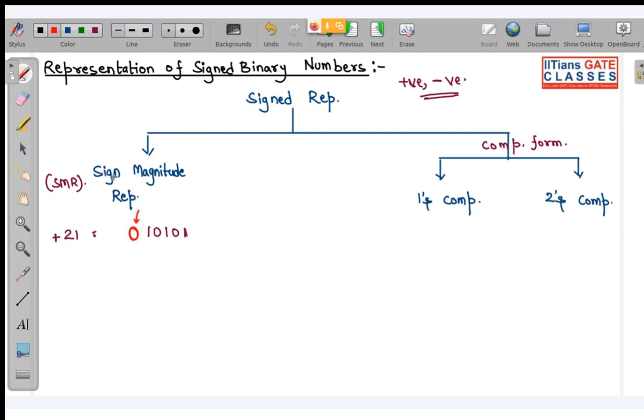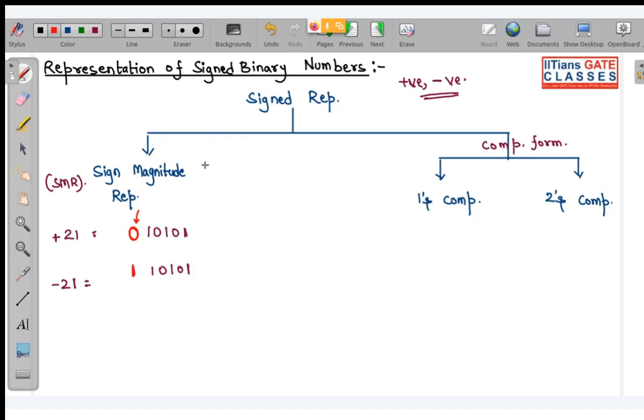So if I ask you how to write plus 21 in sign magnitude representation, you will say 0 1 0 1 0 1, not 1 0 1 0 1. Here this 0 represents your sign bit. Now if I want to write minus 21, it will be written once again as 1 0 1 0 1, which is the magnitude, along with that the sign bit will be 1.